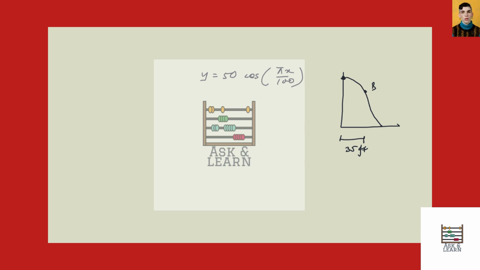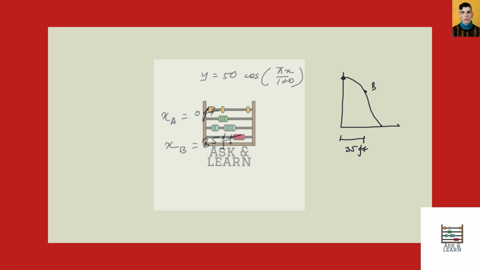Now let's start at x equal to A, which is x A equal to 0 feet, and x B is 35 feet. This is measured along the positive x direction.